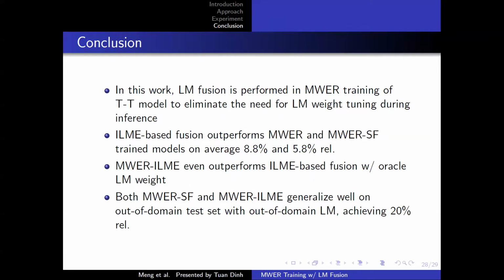MWER-ILME even outperforms ILME-based fusion with Oracle language model weight. Both MWER-SF and MWER-ILME generalize well on out-domain sets with an out-domain language model, achieving 20% relative word error rate reduction.